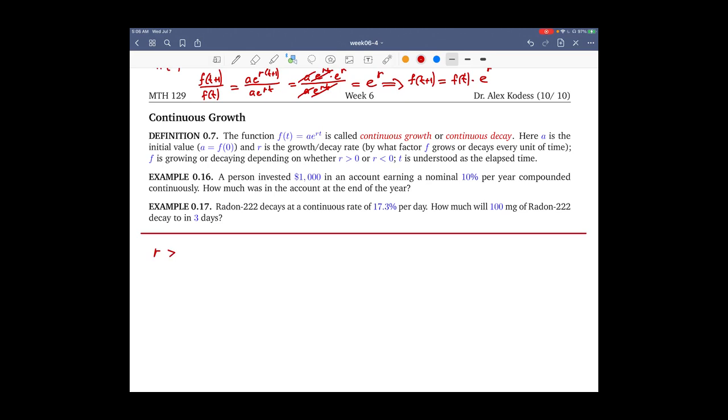If r is greater than 0, what do we get from this formula? F at t plus 1 equals f at t times e to the power r. Well, because r is greater than 0, e to the power r is greater than 1. After all, the graph of e to the power r is the usual exponential function.